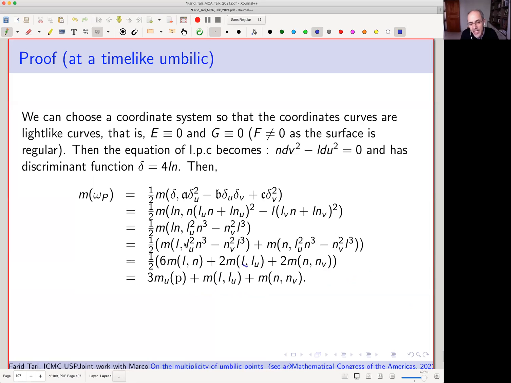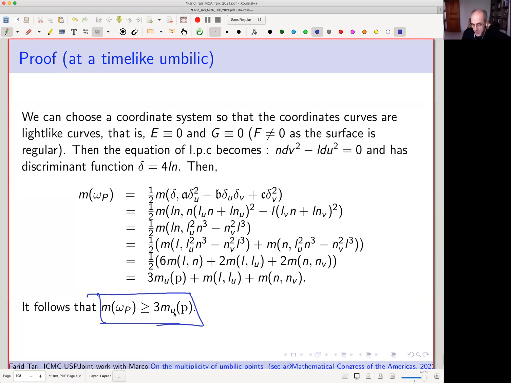And the rest, L u, N v. So divide by 3, I get 3. This is greater or equal to 0. And this gives me that the multiplicity of my equation is greater or equal to 3 times the multiplicity of the umbilic point at P. And with this, I finish what I have to say.